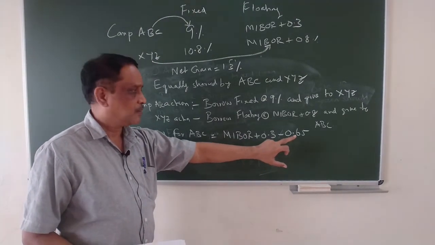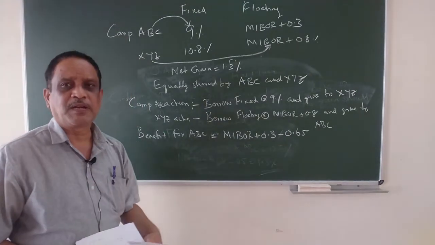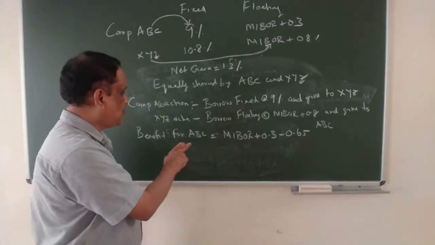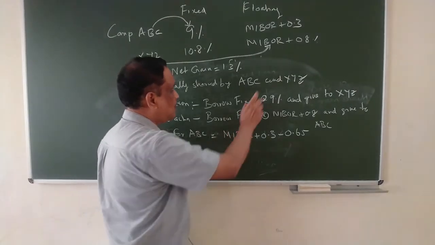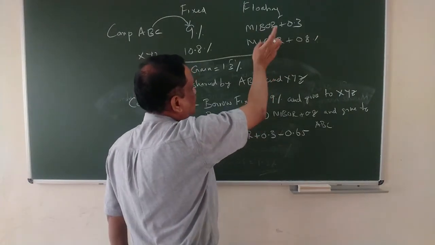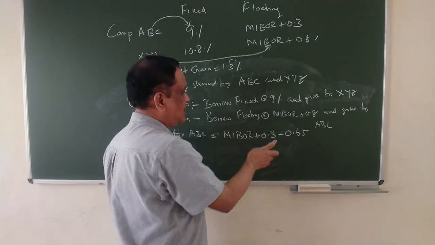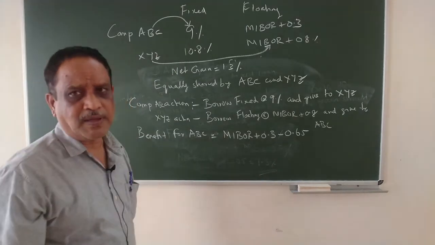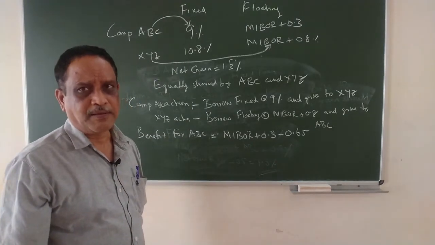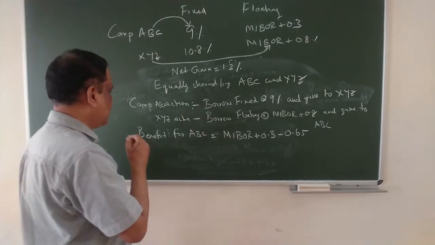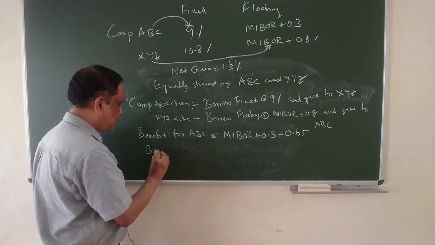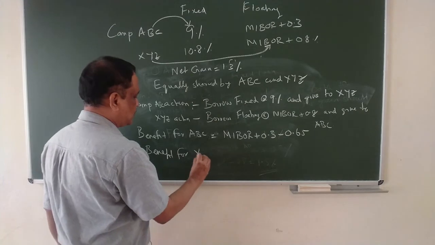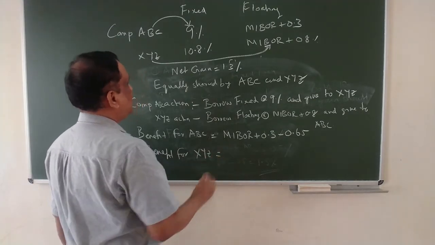Okay. This 0.65% loan gain will be given to company ABC. So instead of this loan, they are getting a 0.65% gain. Okay. Now, benefit for XYZ.